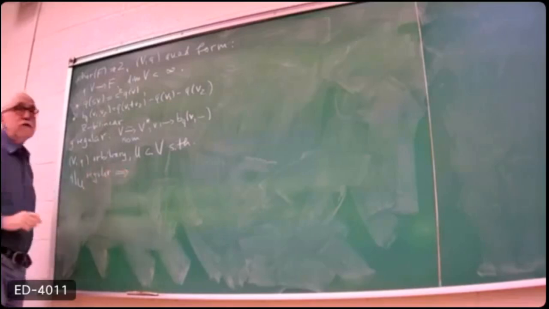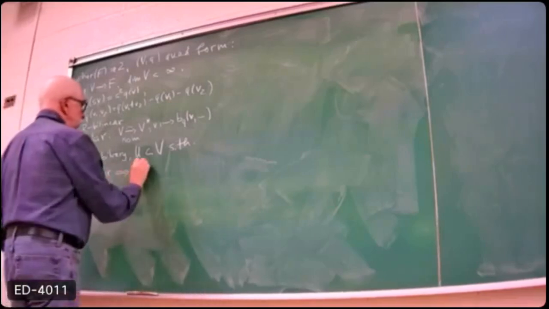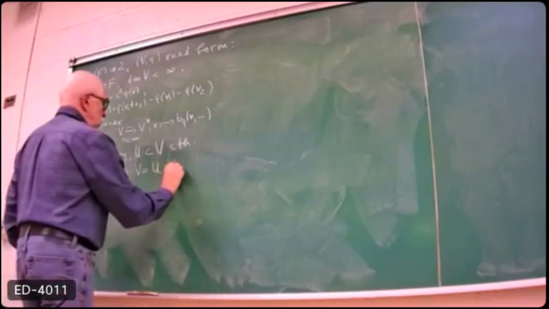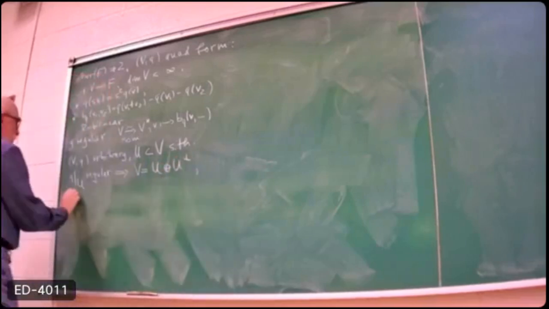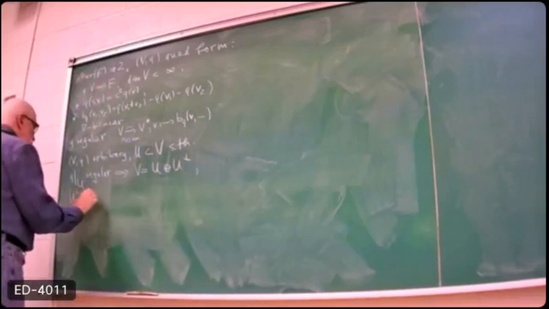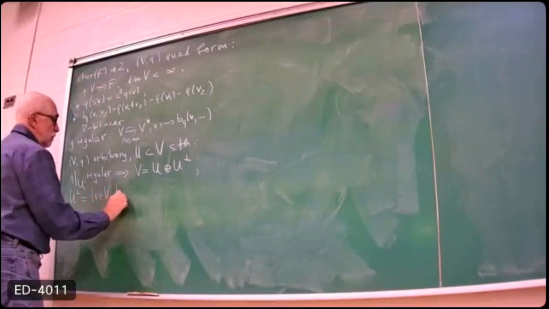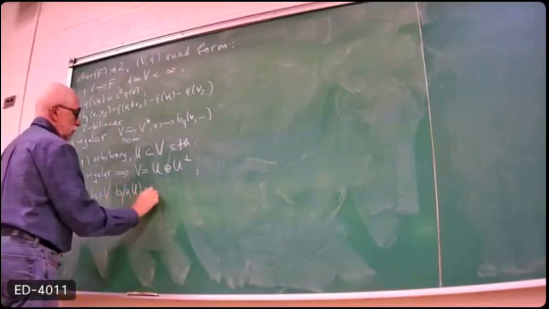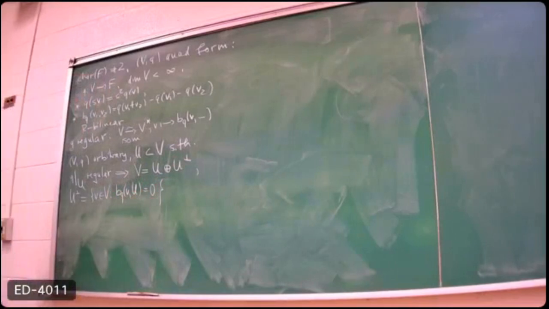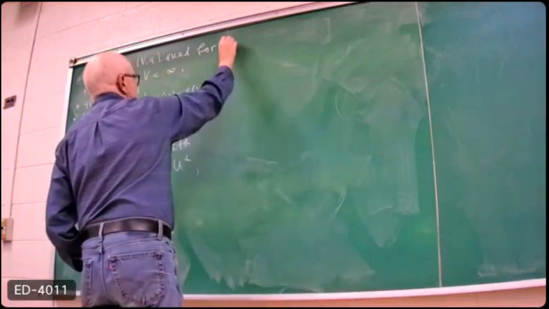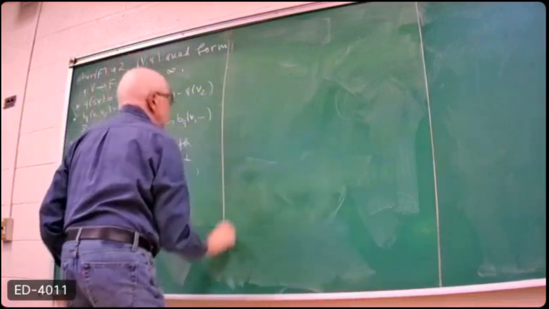Then this implies that you can decompose your vector space as a direct sum of subspaces U and U perp, where U perp is the orthogonal space of U, consisting of all v in V such that B_Q of v, u is 0 for all u in U. So this wraps up the essential point, and I'll start today's lecture with diagonalization.